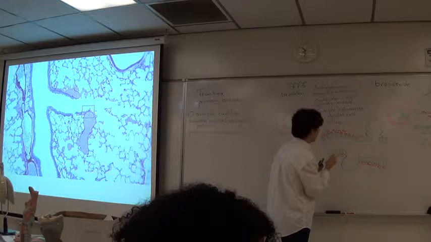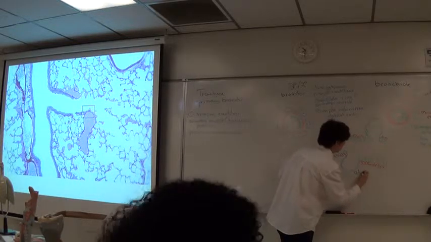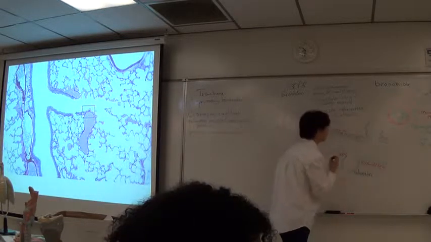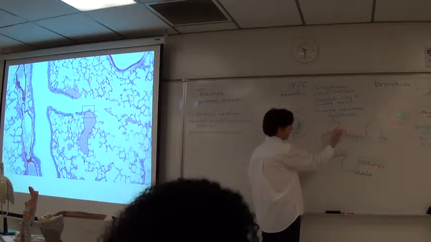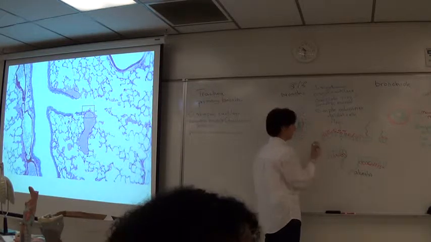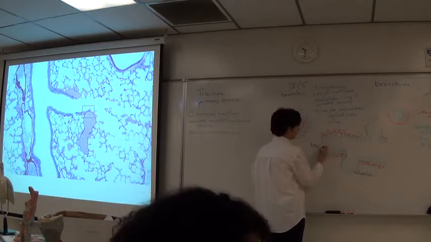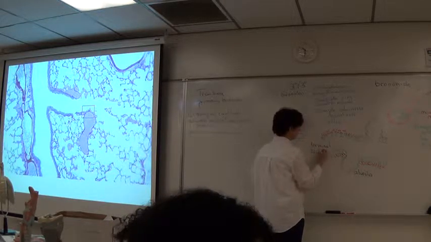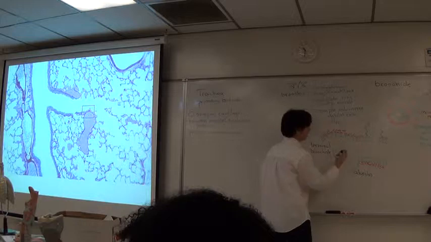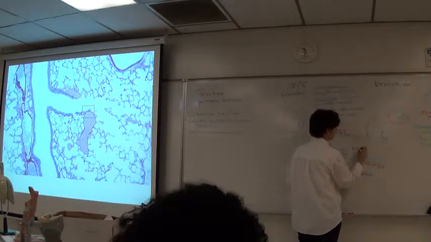So this is going to be an alveolus. And so at this point, if this is the first one we can find, that would make this the terminal bronchiole, and this the respiratory bronchiole.